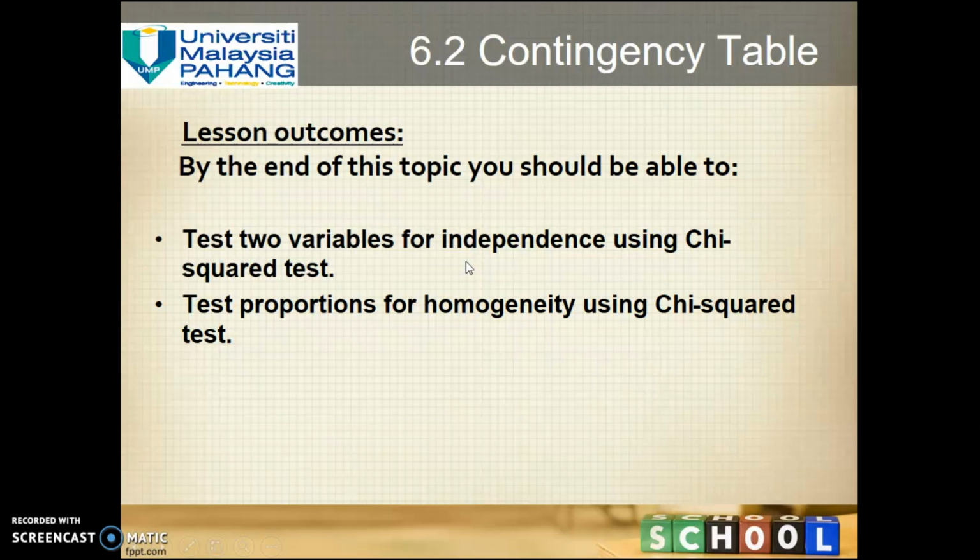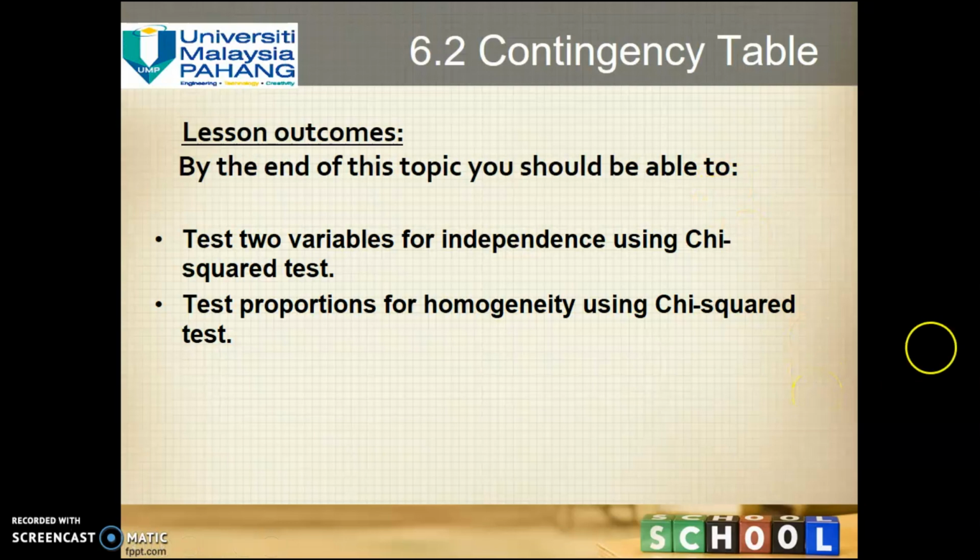Steps 2, 3 and 4 are similar: how you calculate the chi-square, how you find the critical value, and the decision, which is still based on the right-hand tail.